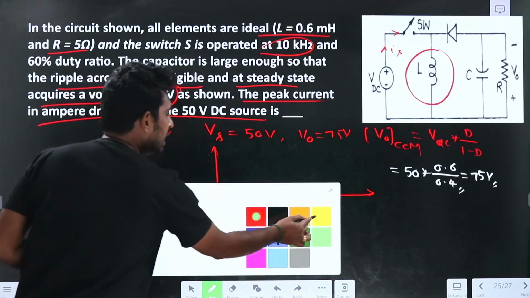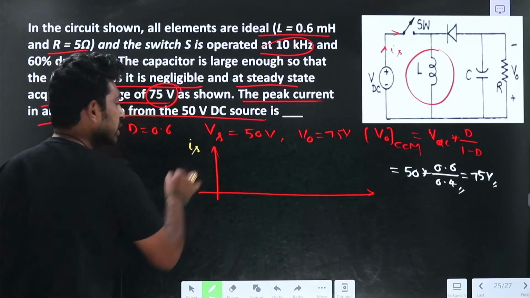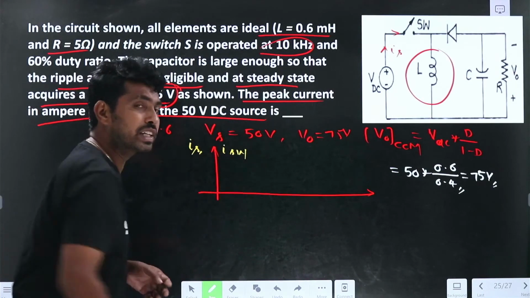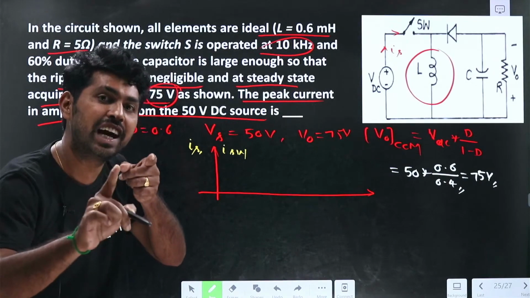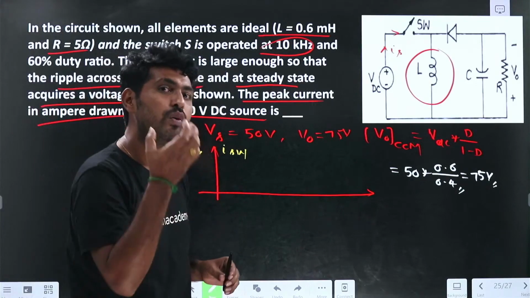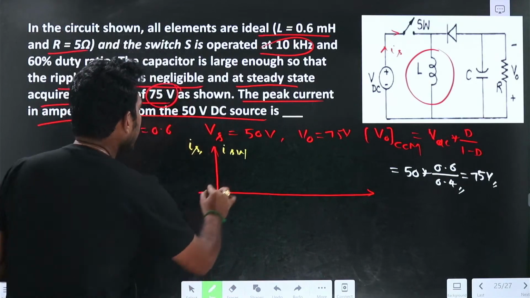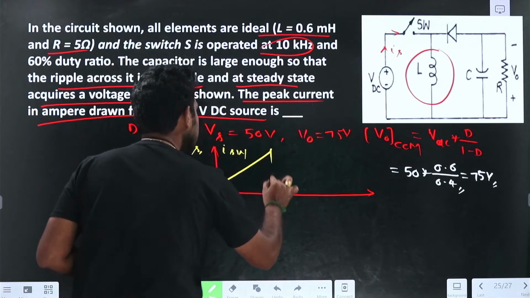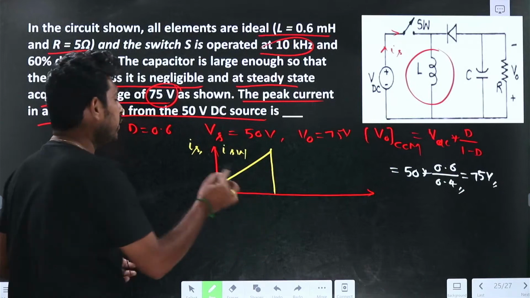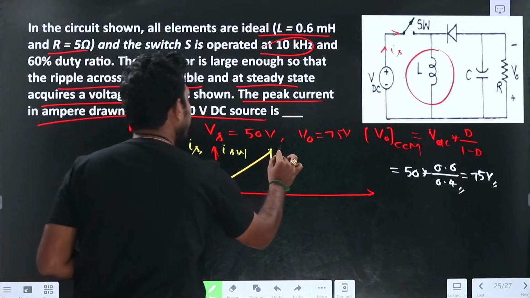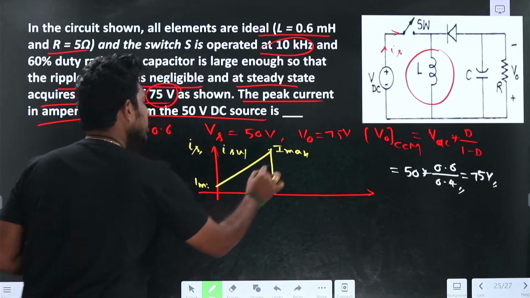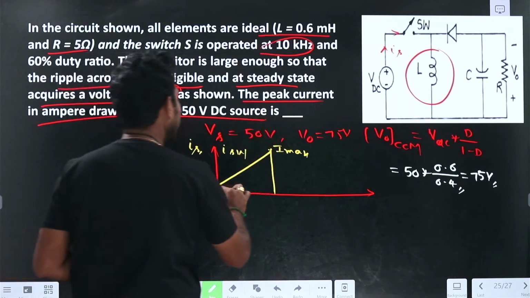If I draw the source current or switch current, the switch carries the inductor current only during the dT period. So it will look like this, with an I max and an I minimum, and this ripple will be delta IL.